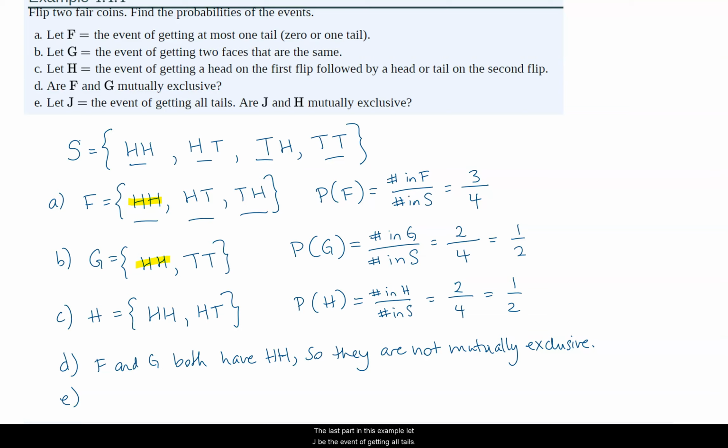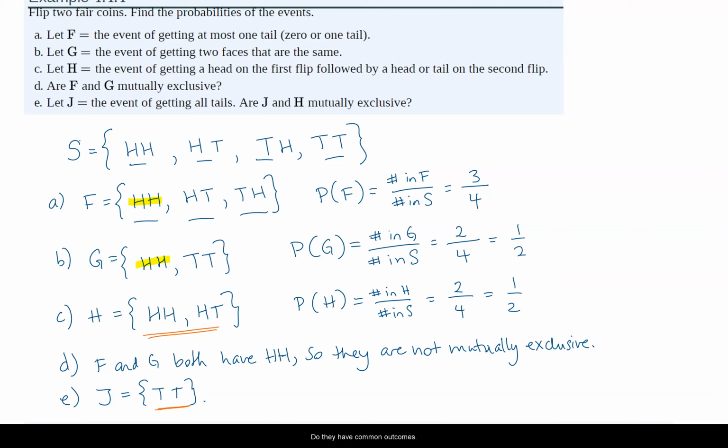And the last part in this example, let J be the event of getting all tails. Are J and H mutually exclusive? And again, we look at J, tails, tails, and we look at H, heads, heads, heads, tails.